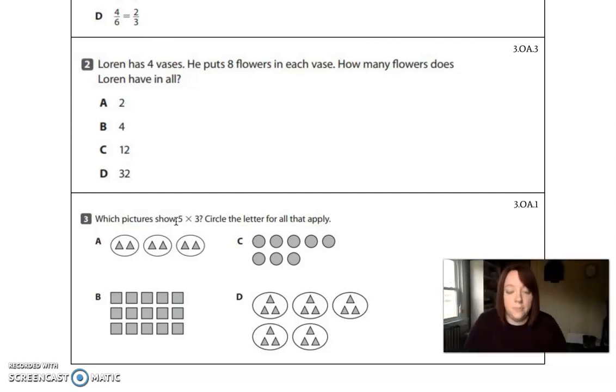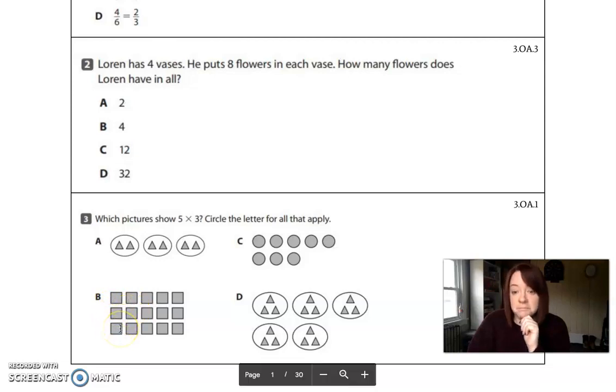Now, letter B. Let's look at this, because this is not really broken apart, but let's see if it equals 5 times 3. 1, 2, 3, 4, 5. So far, so good. 1, 2, 3. 5 times 3. To find the area of all of these square units? Yeah, 15.